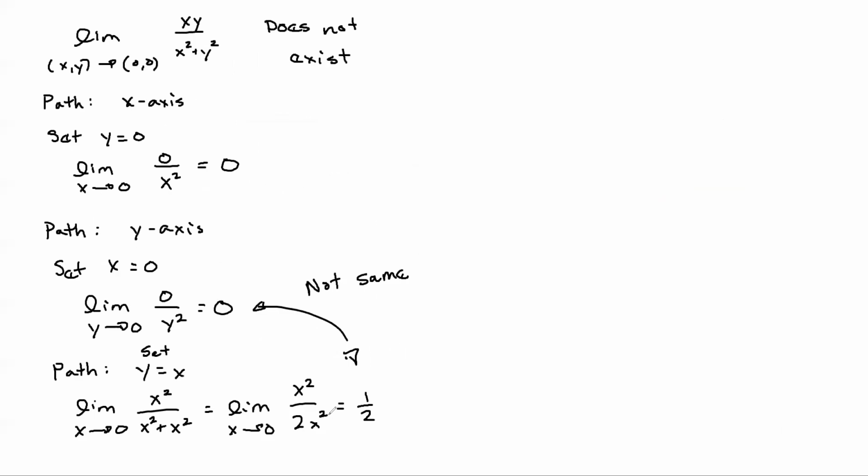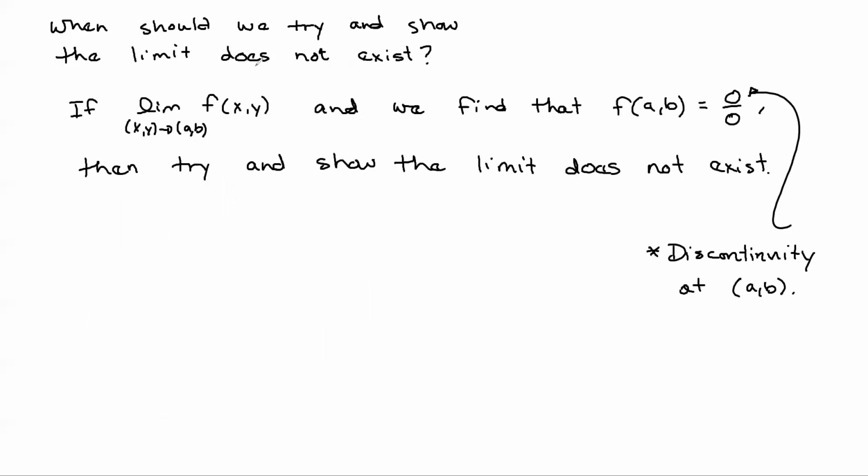And then we can see that if you try enough paths, sometimes it can happen. And then the next question is, wait, when should we try and use that? I mean, when does that come up? The situation that occurs when you have 0/0, which is when we have a discontinuity at the point. So that's when you're going to go ahead and try it, when there's a discontinuity.